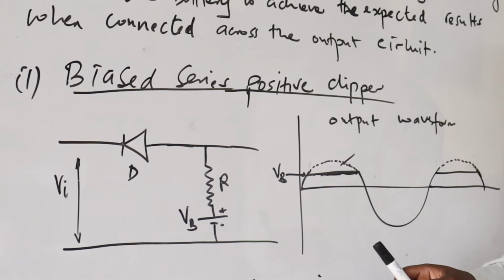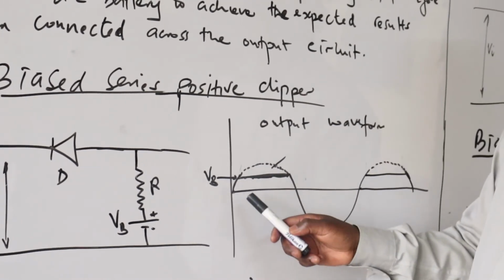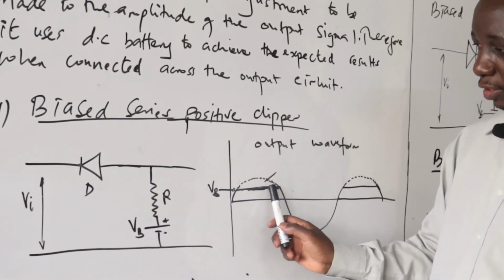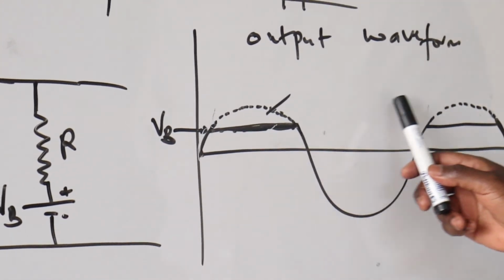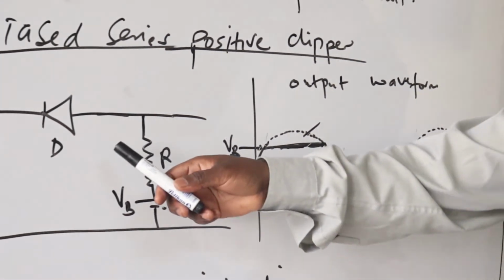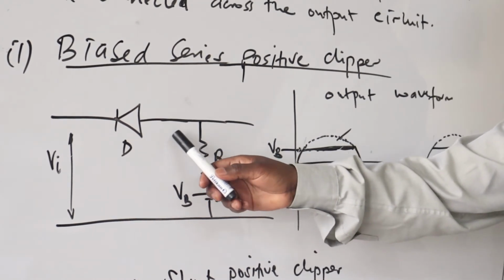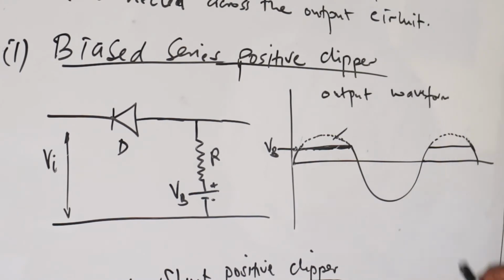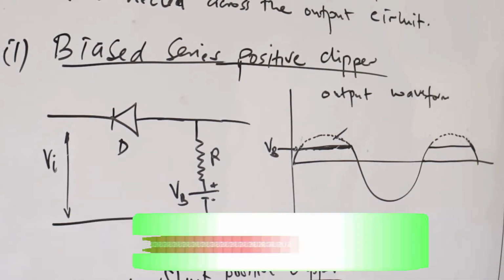During the positive part, the output is limited by the bias voltage. So at the end of the process, we have this. During the negative half cycle, the diode now conducts, and the voltage is added to this point, and that's why you have the voltage fully conducted at this point. That's what happens with the biased series positive clipper.